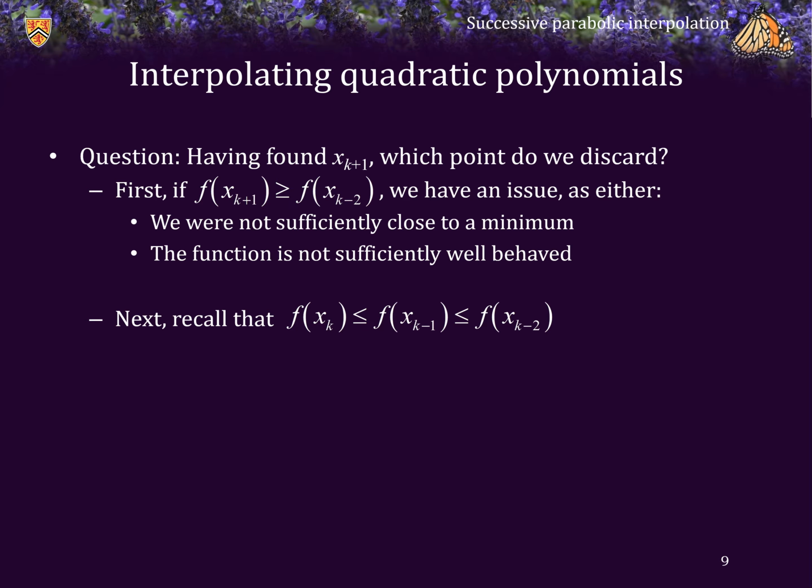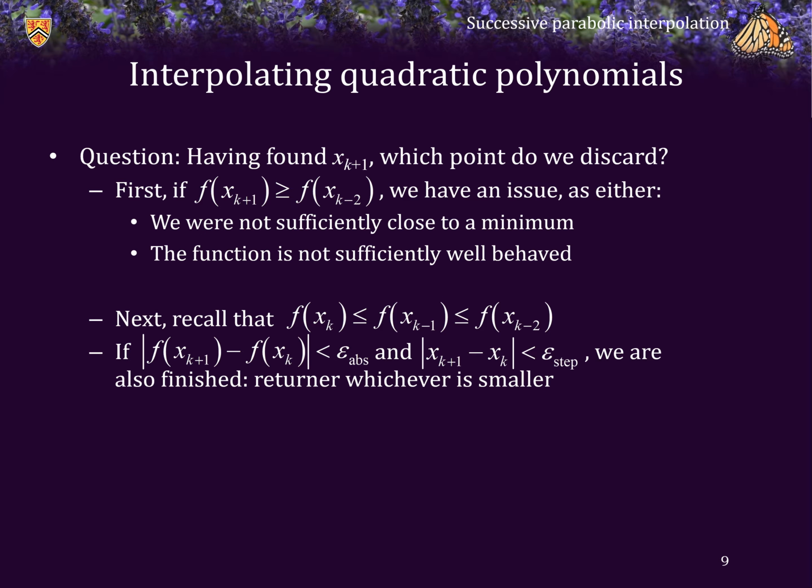However, assuming this is not the case, recall that f at x sub k was indeed the smallest of the previous three values. We're going to then check if the difference between the two f values is sufficiently small and the difference between the step size is also sufficiently small. We're more or less finished.